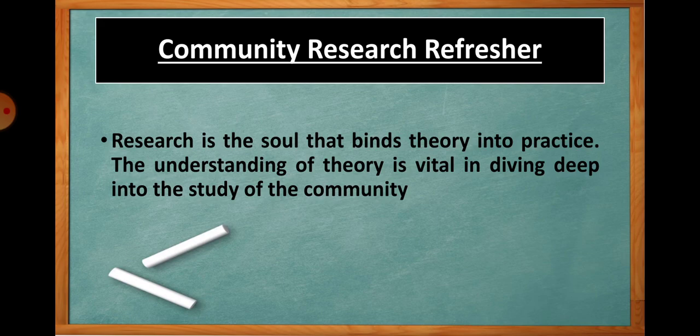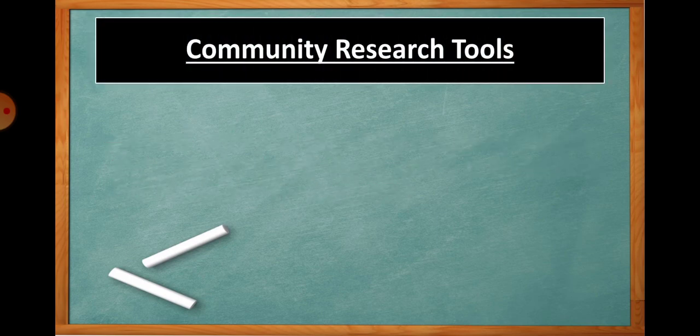So community research uses most of the tools similar to those used in the other fields of study under the social sciences. The only obvious difference is in terms of variables being studied. Social scientists need a different set of tools that will be useful in studying people and the different phenomena that exist.